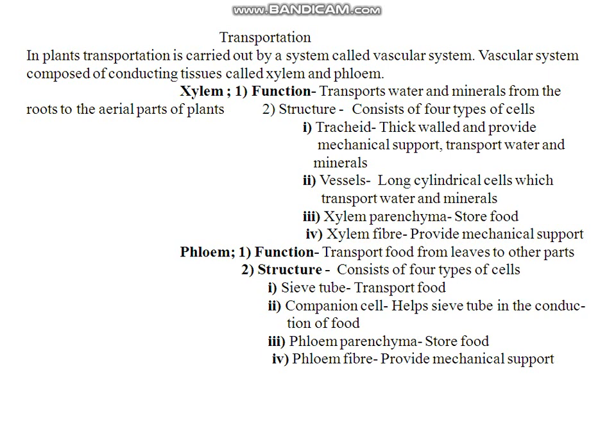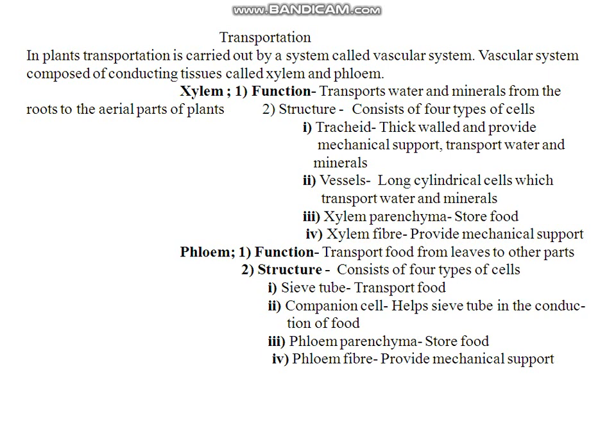Next, I am going through the structure and function of phloem. As you know, the function of phloem is to transport food from leaves to other parts of plants, and the food is conducted by phloem in both directions. You know that xylem conducts water and minerals only in the upward direction, but phloem conducts food in both directions, that is upward and downward.